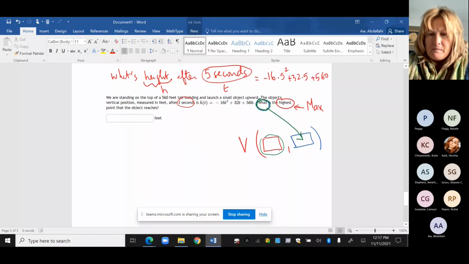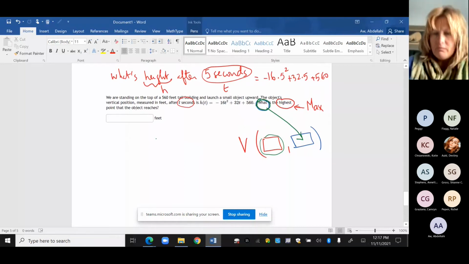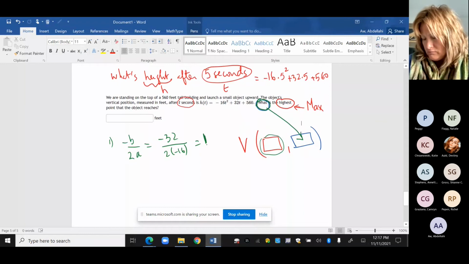All right. So now, how do we get the y coordinate of the vertex? First, we do negative b over 2a, right? That is negative 32 over 2 times negative 16, which is 1. Now, what do you do to 1? We plug the 1 back in, right?